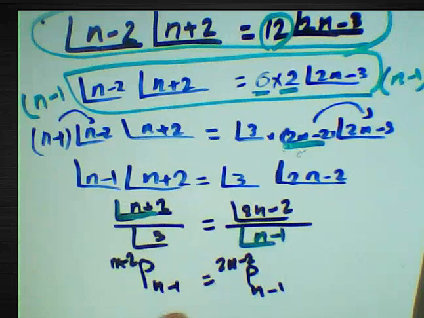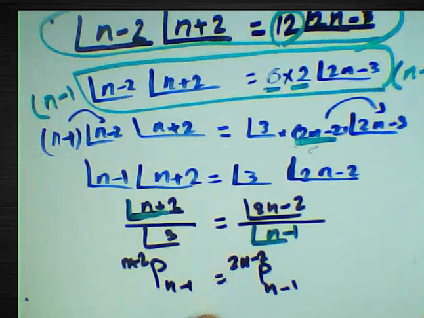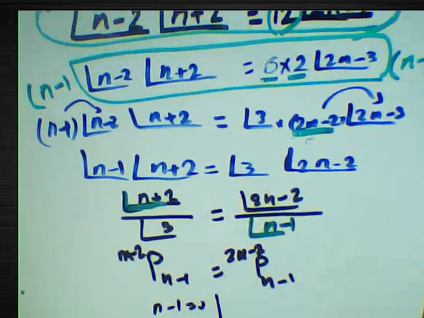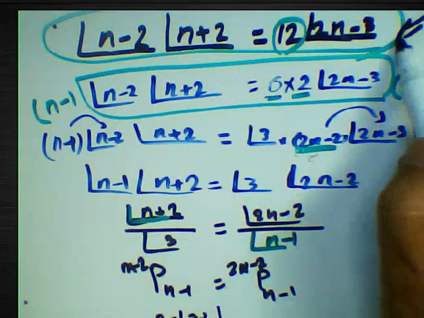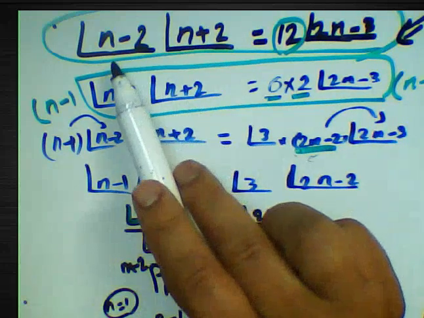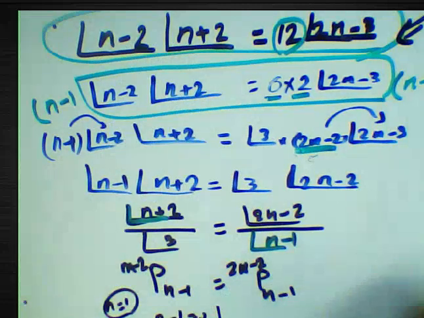We have n minus 1 equal to n minus 1, then we put n minus 1 equal 0, then n equals 1. Ask yourself, if you put n equal 1 in the example, is the left-hand side equal to the right-hand side or not? It will be factorial of negative 1. It's impossible, so it's false.